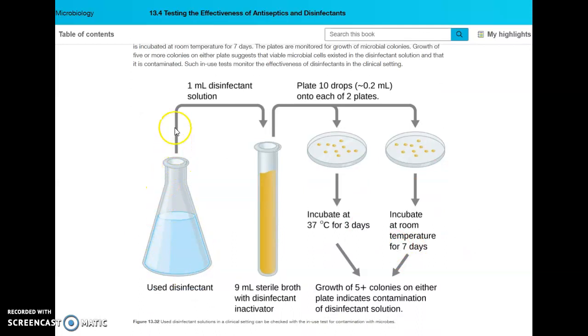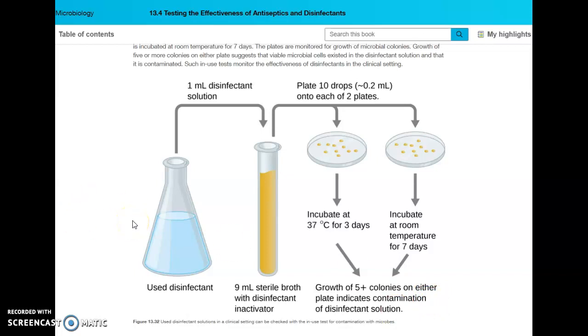We take 1 milliliter of that and put it into 9 milliliters of sterile broth that has an inactivator. And then we take a sample of that, place 10 drops on the plates, and then incubate, 1 at body temperature, 1 at room temperature. And then we look for the growth of colonies. And if we get colonies, then that tells us that it's been contaminated.